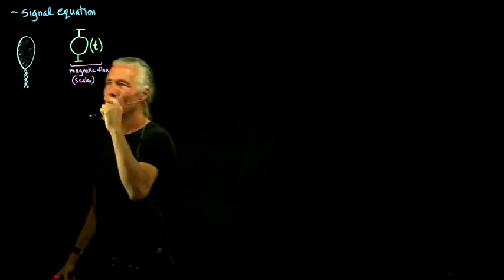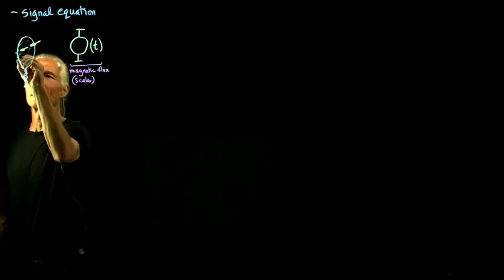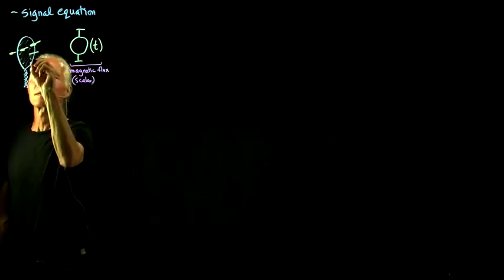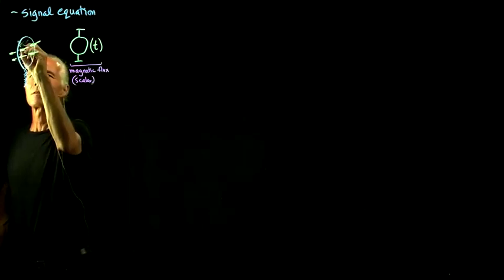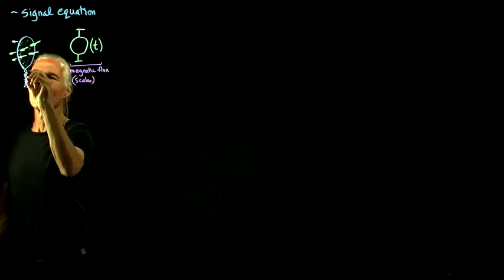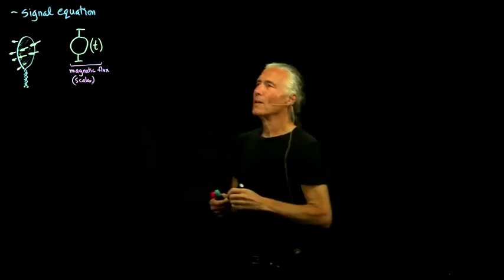And so there's going to be magnetic field vectors at each point, coming through this coil, and they're pointing in different directions. And so what is the flux?